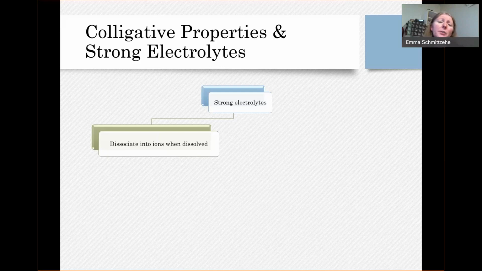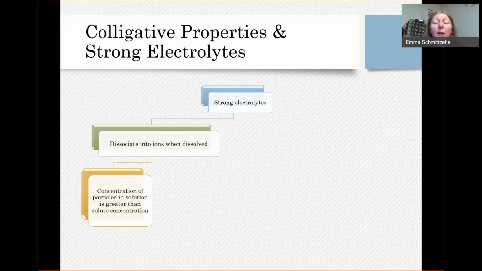Whereas if you have a weak electrolyte or non-electrolyte, pretty much what you put in is what you get. A weak electrolyte does dissociate a little bit, but it's pretty close to the original amount that you put in, and for a non-electrolyte, it is the same amount. But for a strong electrolyte, it dissociates, so you have more stuff.